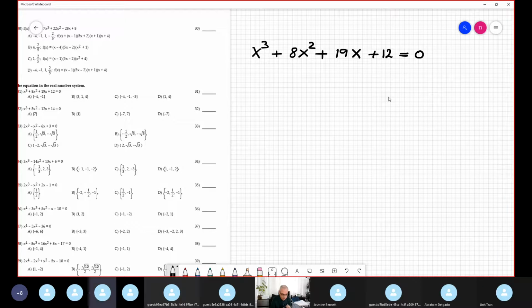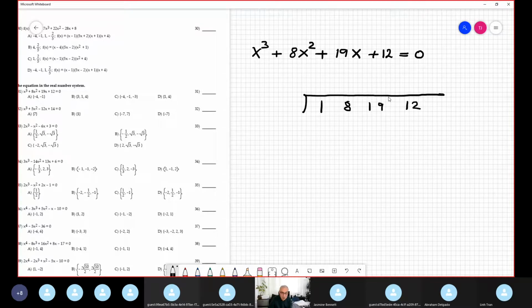Okay, let's organize. Let's organize scientific division like that. 1, 8, 19, and 12. Entonces I see in decimal que es -1, -3, and -4. Doesn't matter what do you select.